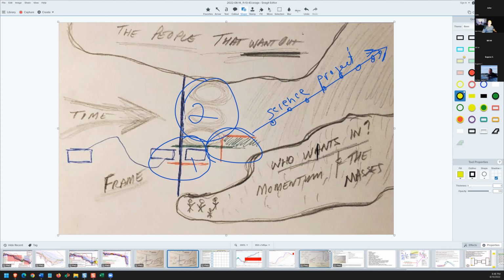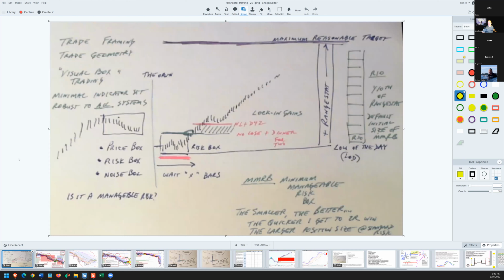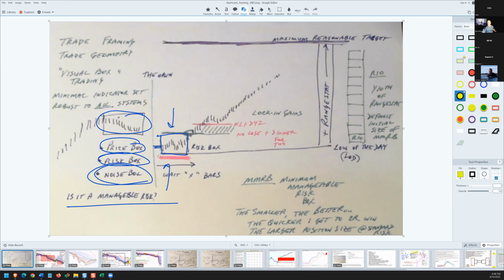We went a little deeper because the lesson was actually an experiential learning exercise in which we were taking a look at a little more precise definition of how to draw the price box and risk box and treat it as a noise box, determine if it's manageable, see what side, and then put that after the open on some recognized consolidation area with a stop and a breakout, and then getting to no lose plus dinner for two, and then learning how to lock in gains with exit management, and then using the concept of the R10, which is 1/10 of the range stat, in order to manage the available reasonable trade each day as a professional trader.